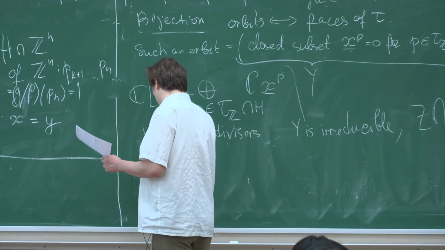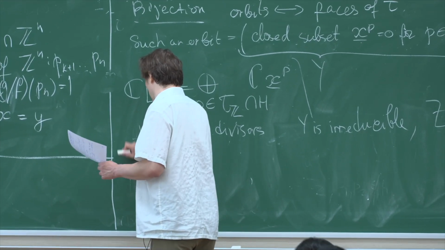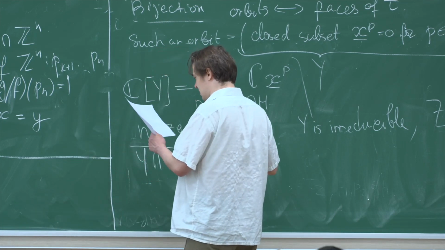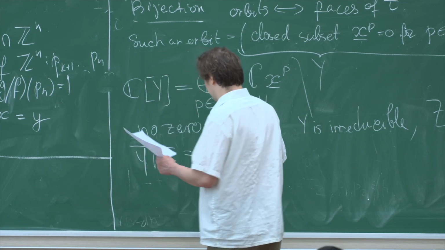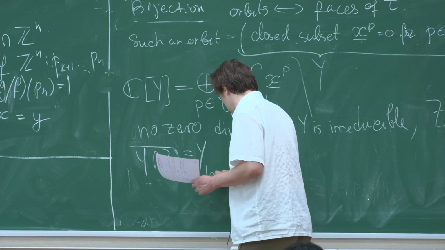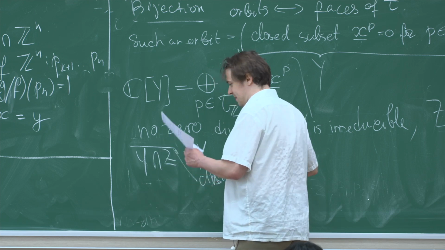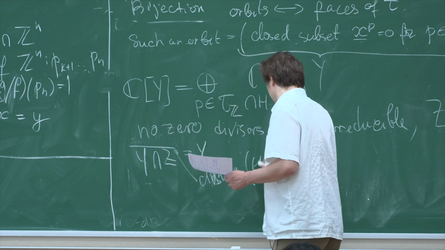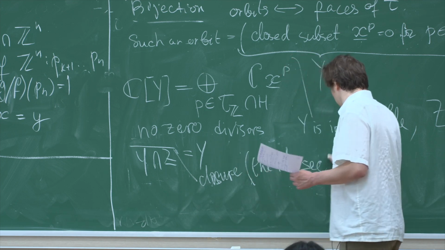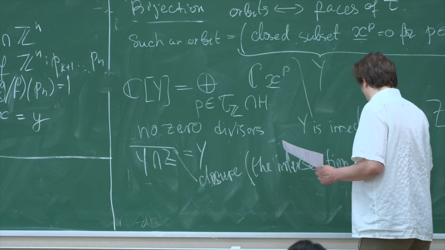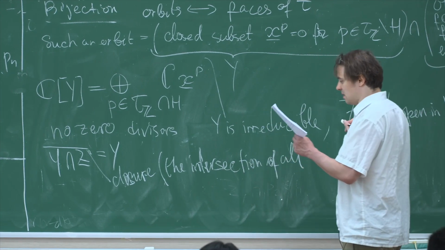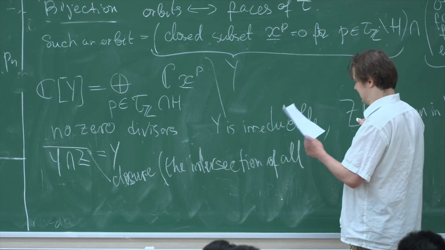So the closure of the orbit, y intersection z, closure equals y. This bar denotes the closure, which is by definition the intersection of all containing closed subsets.